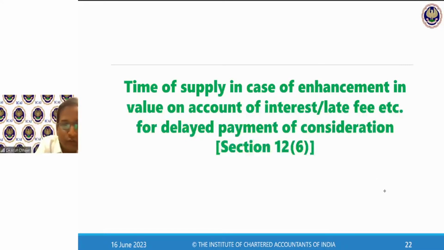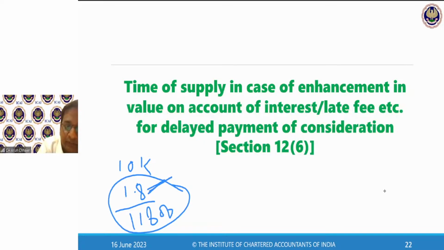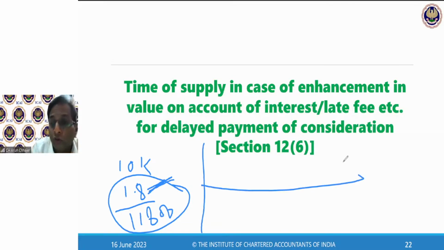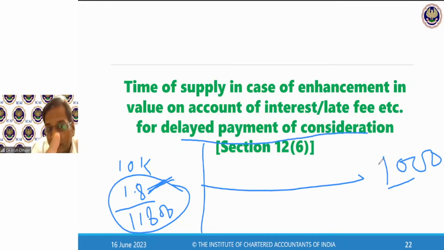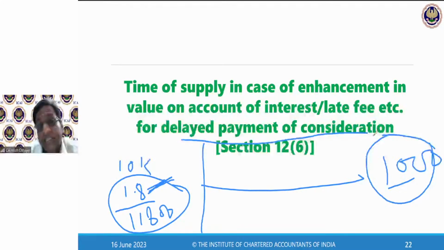See, I have issued the invoice for 10,000. 1,800 was the tax, total 11,800. This tax, time of supply, you have already paid as per 12 subsection 2. Now you have received extra rupees 1,000. What is this? This is because of delayed payment of consideration. It means there is a penalty clause or there is a concept of late fees or interest if the payment is delayed. Then this addition would also be taxable on cash basis.